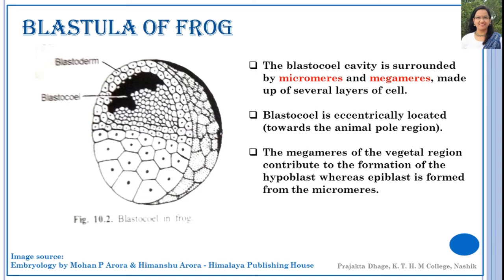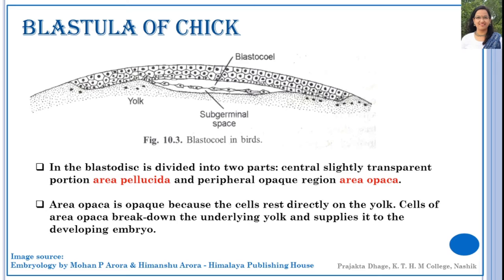Let's move towards the blastula or the blastulation in case of chick. Here, as the egg is megalecithal and telolecithal and heavily laden with yolk, during the formation of blastoderm, cells are incorporated into the superficial layer, the epiblast.